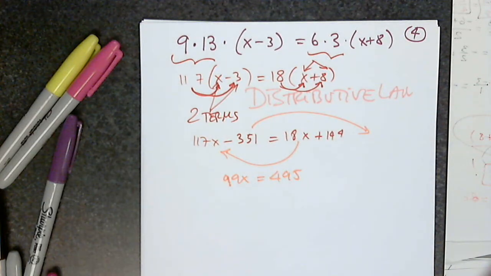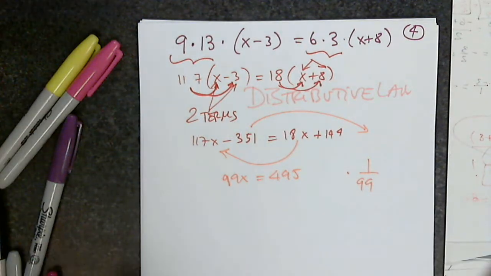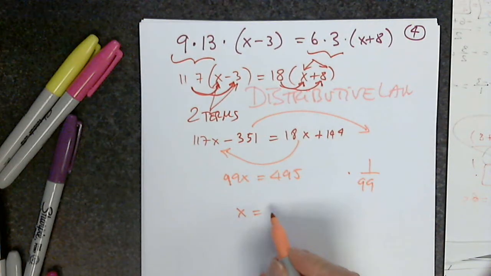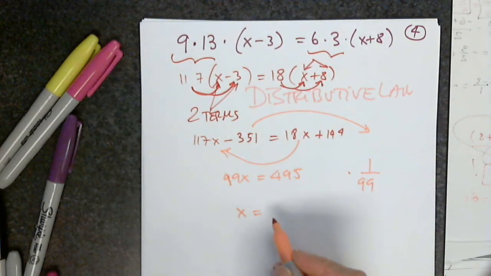Because the coefficient of x is 99, and the other reason is the multiplicative inverse of 99 is 1 over 99. Exactly. That's why I divide by 99. Because I'm basically multiplying everything by the multiplicative inverse of 99. So then I get x equals, and 495 divided by 99 is 5.